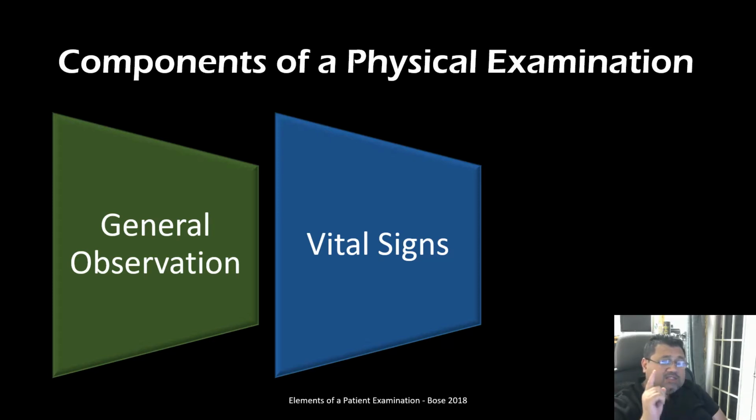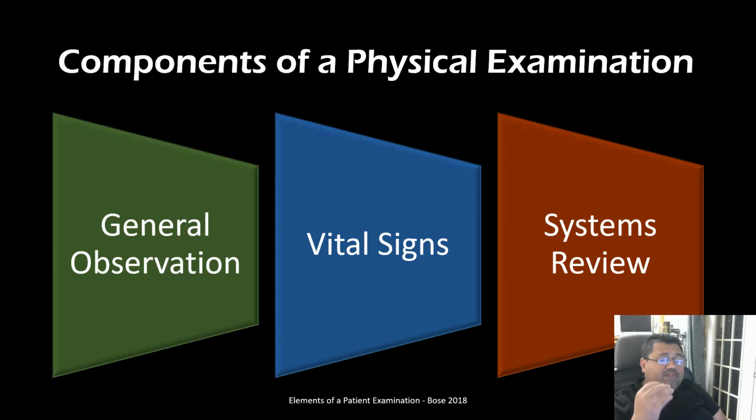That is a better approach because cardiopulmonary examination has other components to look into. And then finally, there is systems review. Now, this is not a review of systems. In systems review, you actually examine the patient system by system.